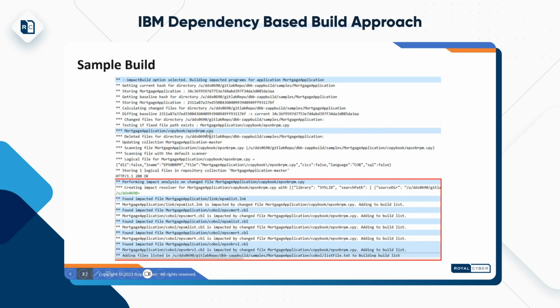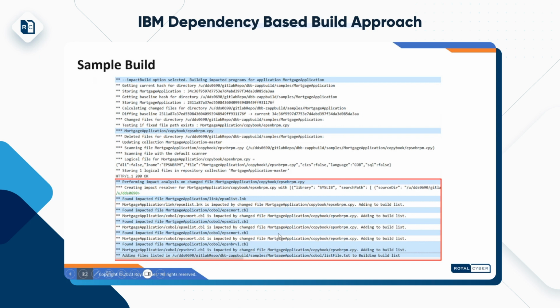It is saying whichever files have undergone changes, and it is going to update your collection under this master plan. Eventually it figures out the file names found impacted. There were a few files it has identified, and it is adding them to the build list.